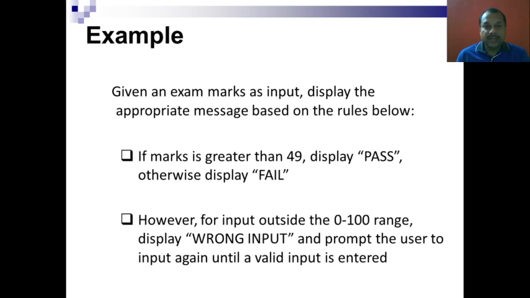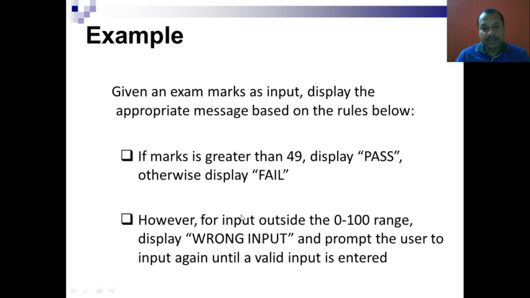But I know that exam marks can vary only between 0 and 100. That's why I am giving one restriction: for input outside the 0 to 100 range, display wrong input and prompt the user to input again until a valid input is entered.